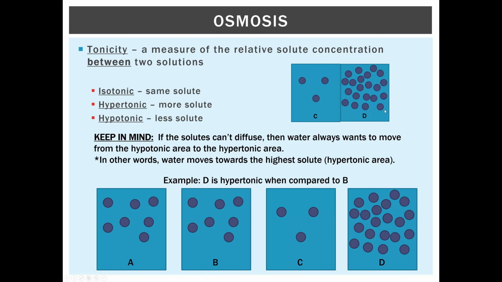So if I were to put C and D right next to each other, and I were to stick a membrane there so that water can pass, but the solute can't, what's going to happen is water is going to go from C to D. So water is going to move toward the area that has the most solute. And again, think of it as the water is trying to dilute the concentration over here and make it the same as C.